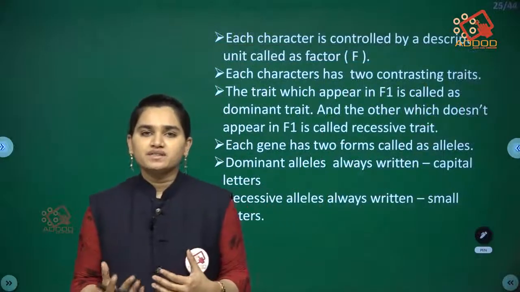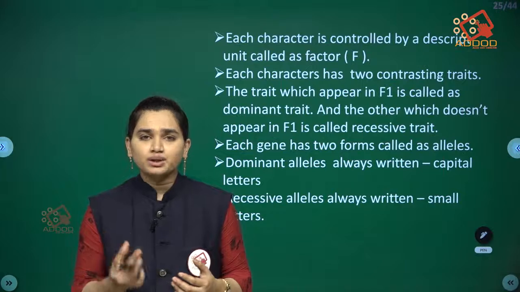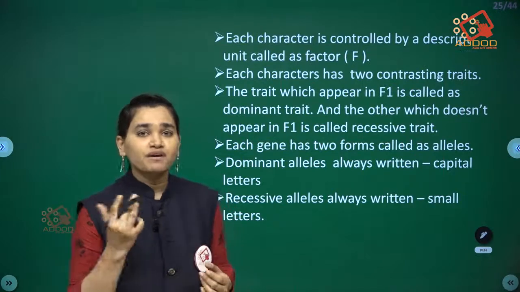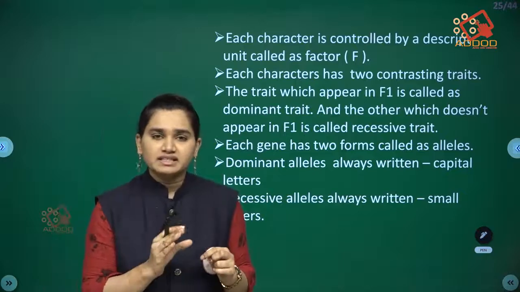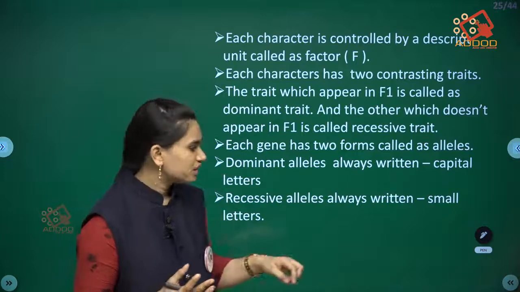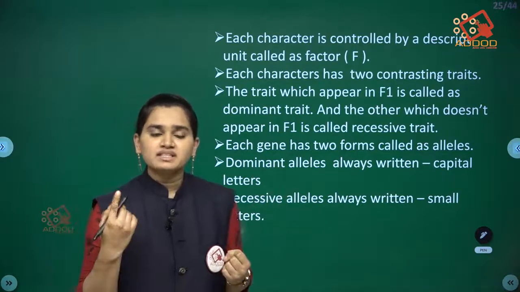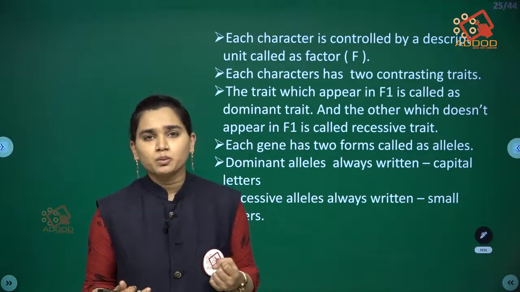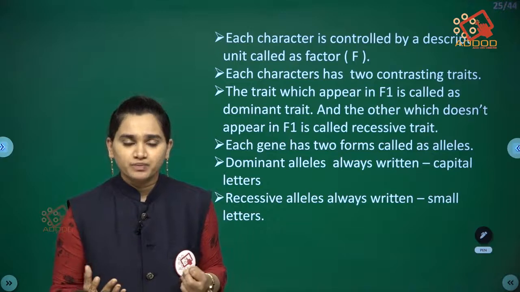Now, as we have seen, Mendel said that each of the characters is controlled by a particular factor. Each of these characters has two contrasting traits. Out of those two traits, one of them is the dominant trait and the other one is the recessive trait. Now, what is meant by a dominant trait?